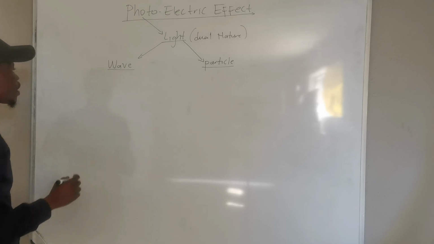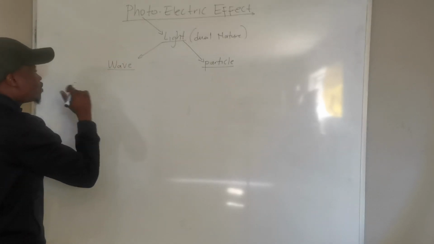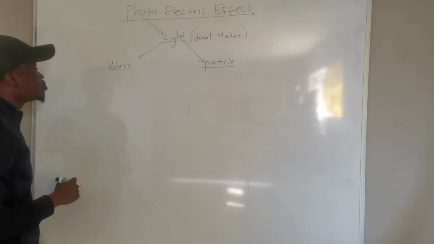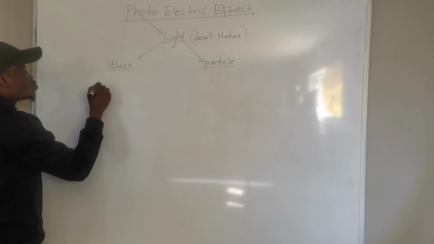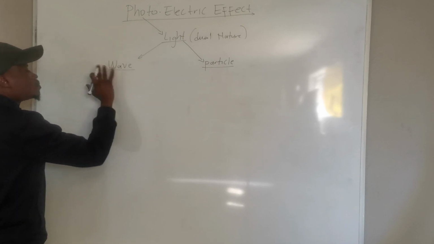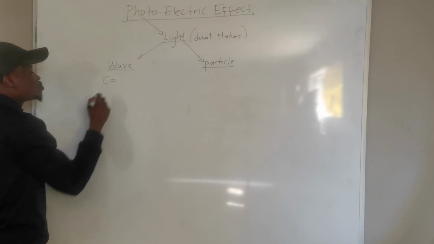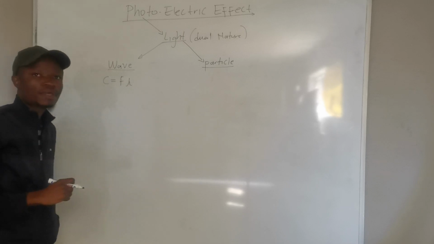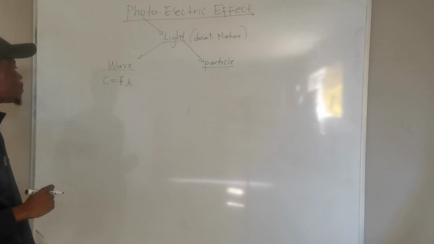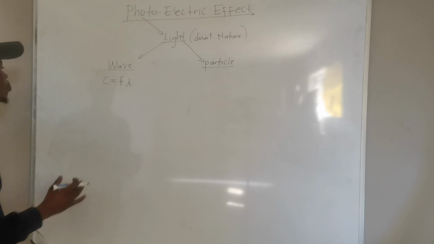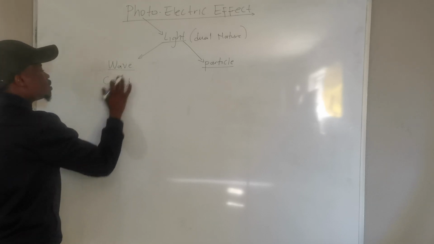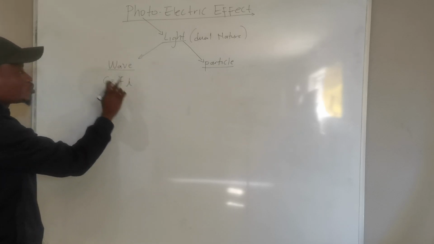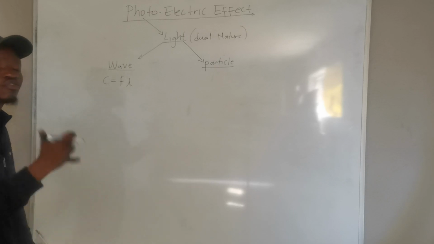Now, light being a wave has so many things that we can be talking about. Firstly, let us look at light as it moves. The speed of light is equal to the frequency multiplied by the wavelength. The wavelength tells us that it is a wave, because you can only have a wavelength from a wave.